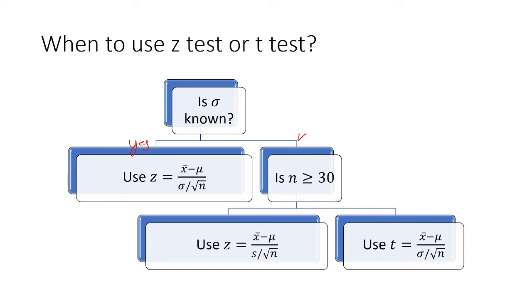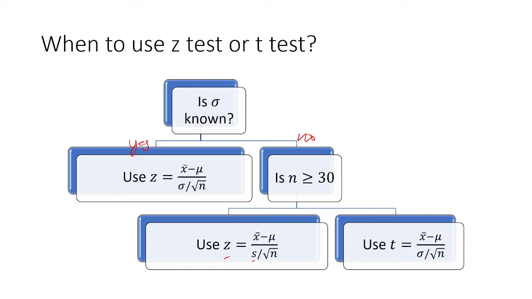But whenever sigma is unknown, the next question is: is our sample size more than or equal to 30? When it is more than or equal to 30, you will still be using the z-test, but the only difference is you will be using the sample standard deviation.